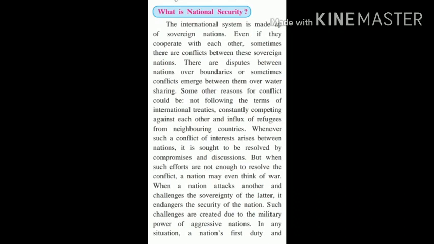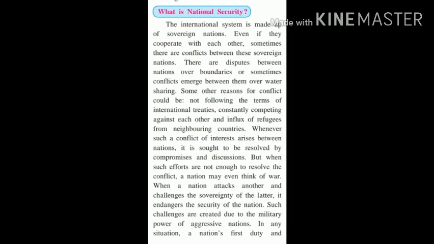The one who has a powerful military, like the USA. The USA is the strongest country, and why is it? Because of its economy and military, because they are spending lots of money on the military compared to other countries, and that is why the USA is powerful. If a powerful or aggressive country, or one that is strong in the military, is going to attack any nation, then the security of that nation will be in danger.